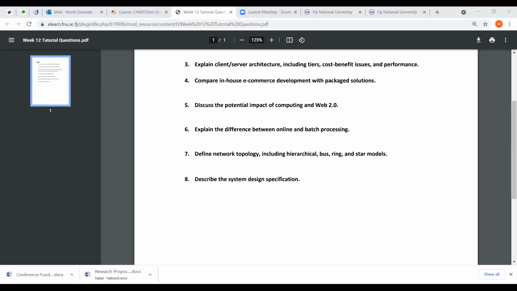Now let's define hierarchical network. So can you put down hierarchical network?